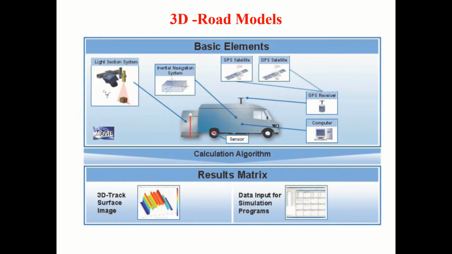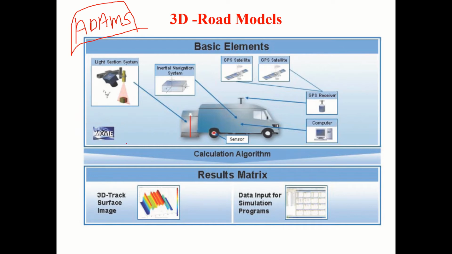If you have a vehicle model and a road model, it is possible for us to run this vehicle on this road model and study its behavior. In software like Adams, we can do this. There are many such softwares available.